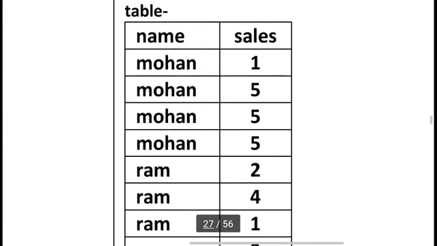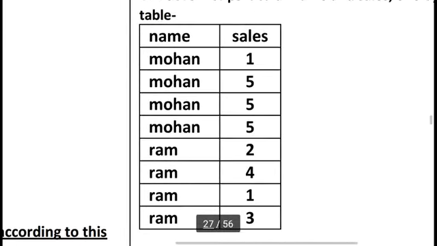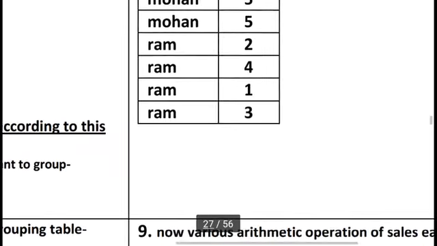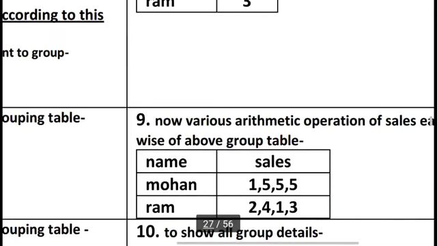So you can see this is our group table. All the Mohans are put together in one place with their sales, and all the Ram data is put in one place with their sales. But I want to show it uniquely. So here I am using only Mohan and putting all the sales together, and another is Ram.